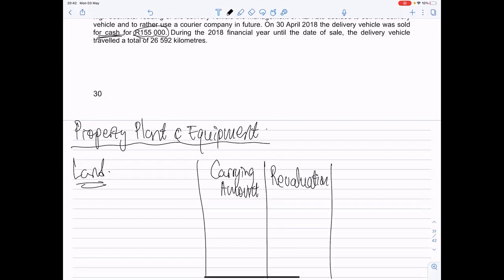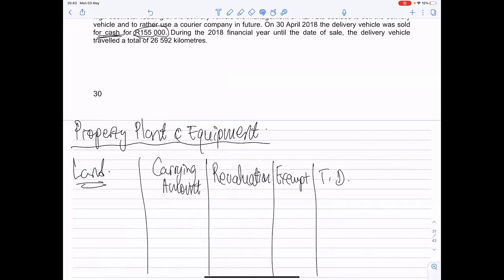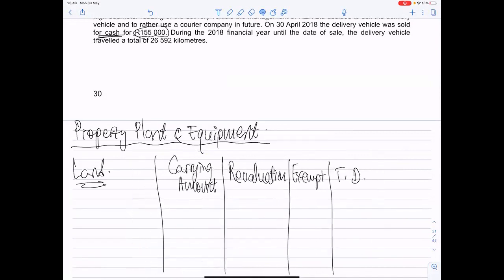You have your exempt amount. Temporary difference. We have your deferred tax asset or liability.